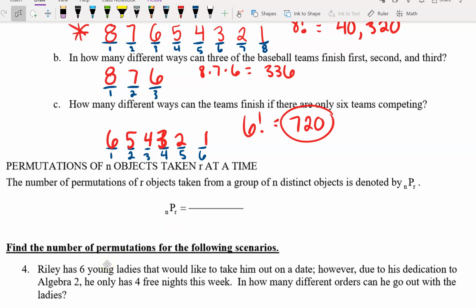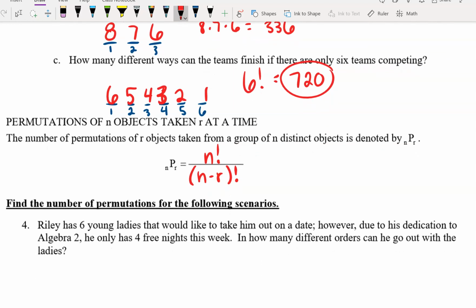And the formula is n factorial over n minus r factorial. Remember, factorial means you multiply the integer by all the integers below it. So n is always going to be the whole group, and r is going to be a subset of the group, so the smaller group.